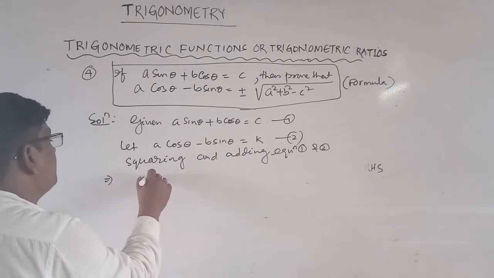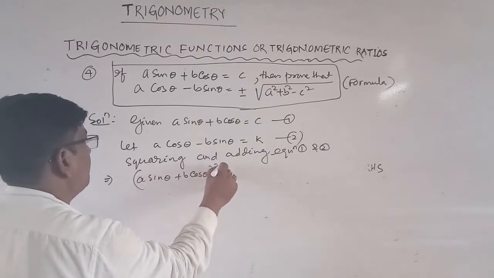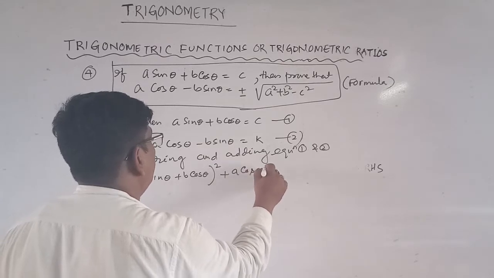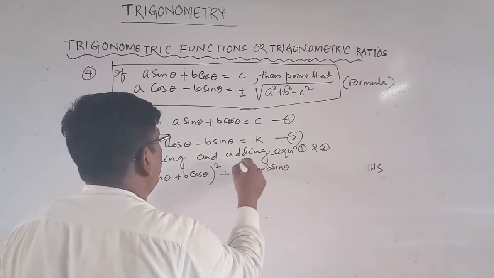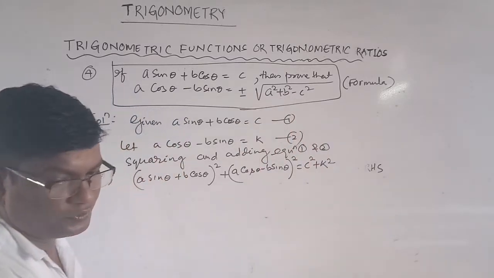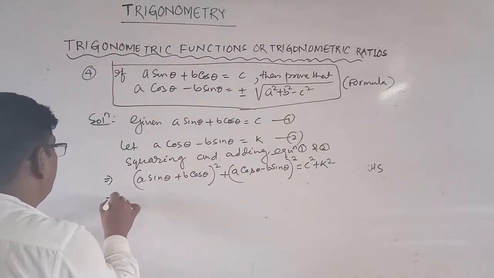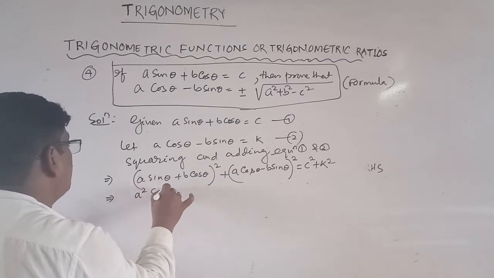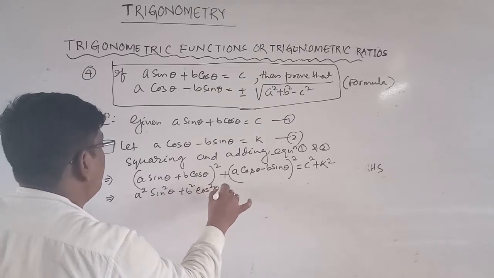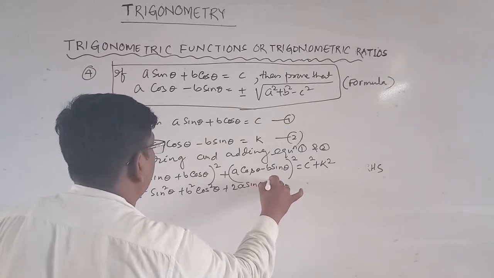That is (a sin theta plus b cos theta) whole square plus (a cos theta minus b sin theta) whole square is equal to c square plus k square. Now here a square sin square theta plus b square cos square theta plus 2a sin theta into b cos theta.